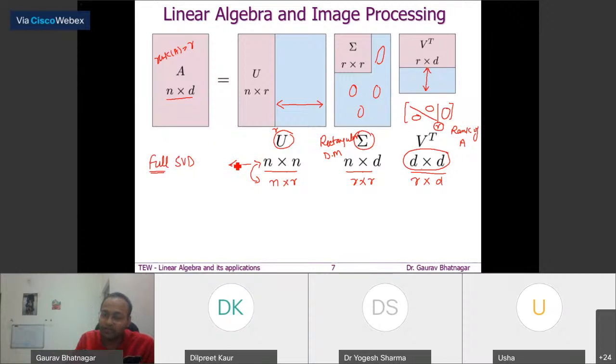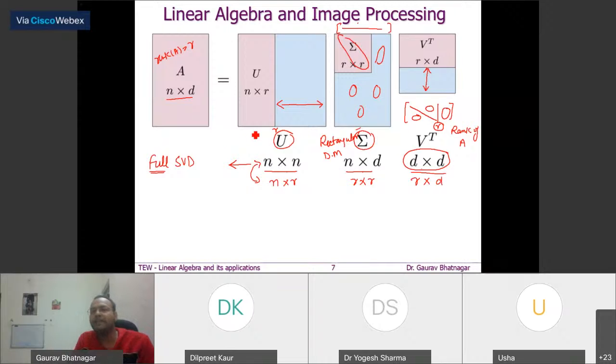However, when you have this full SVD scenario, you are increasing the computing power or the storage capacity for the factorization, because I know that in this particular matrix almost all the elements are going to be zero. So there is no need to store all the zero elements. It is also possible that instead of storing this big matrix, I will just store a vector having all the non-zero singular values.